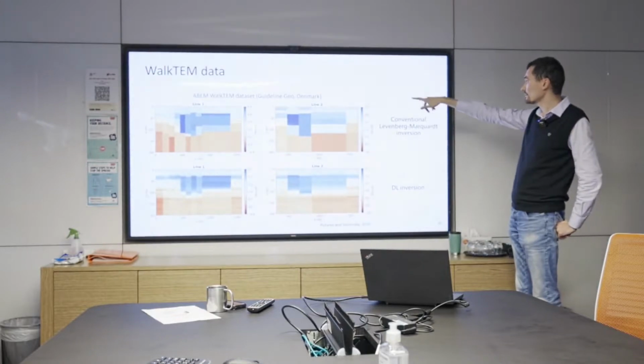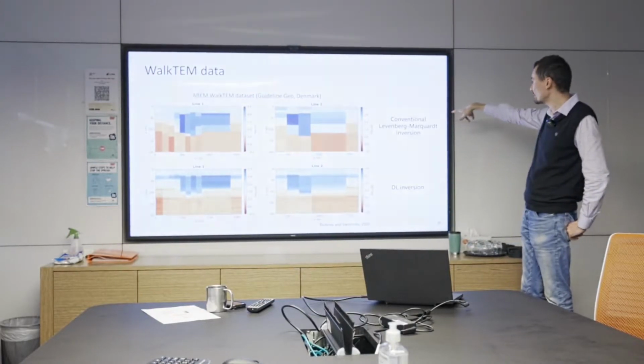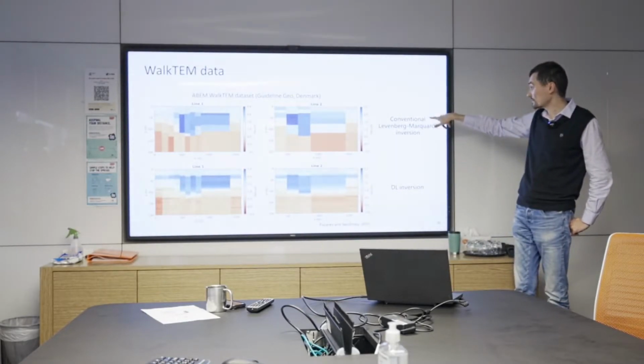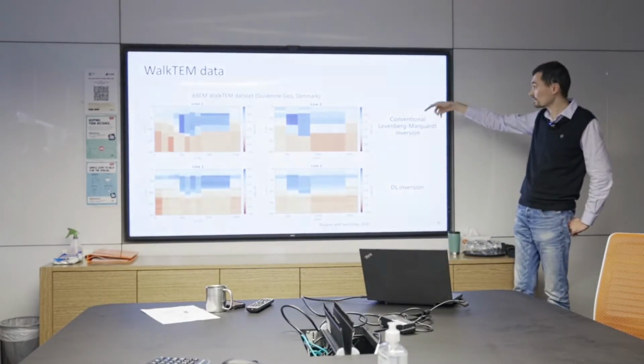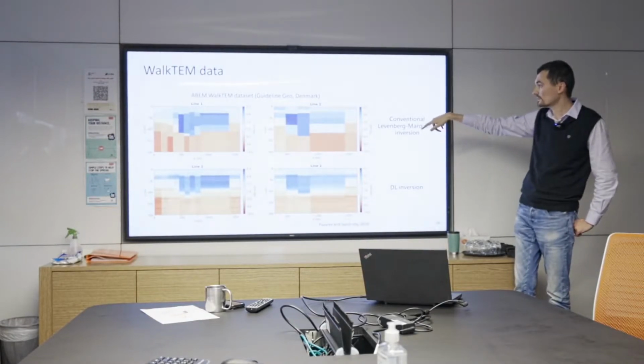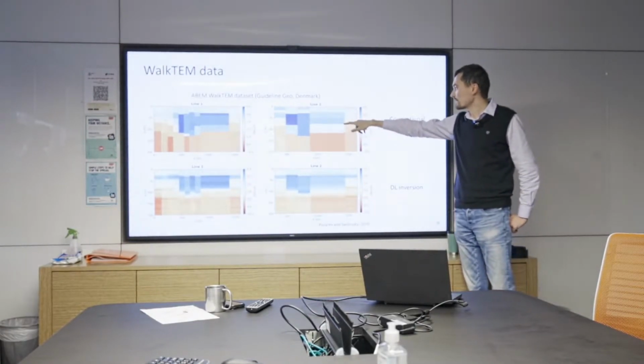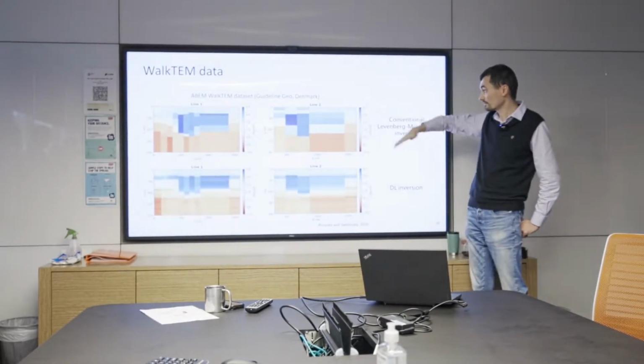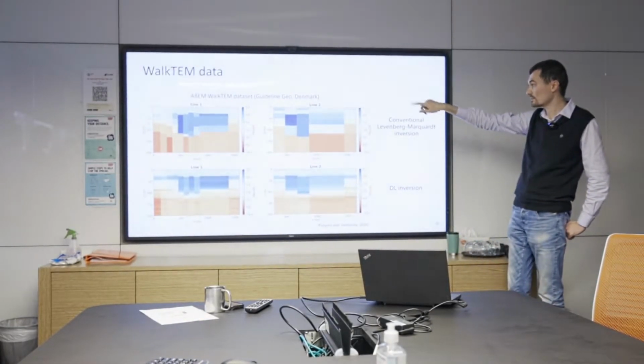data collected in Denmark. It's the WOC-TM data set. On the first row, we compare the results of conventional inversion, which was processed by the company who collected this data. This inversion had 5 different layers with non-fixed depths, so nine parameters to invert.